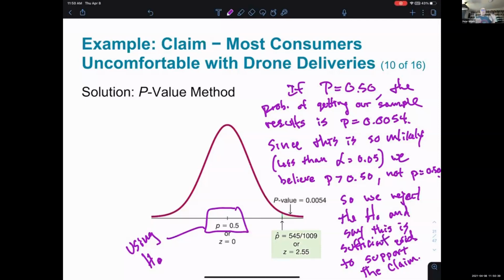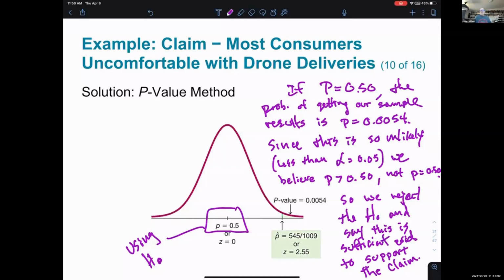And if that probability is very low, it causes you to question your assumption. You say, well, it's really hard to believe the proportion is 50%, when there's less than a 1 out of 200 chance that my sample would come out at 54% if it was.